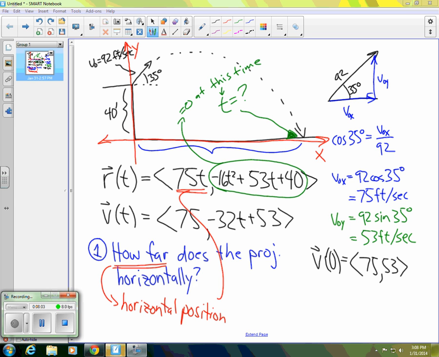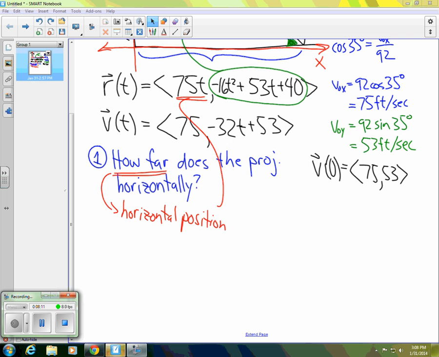Okay, again, the height will be 0 when it hits the ground, and so if we set that equal to 0, we can figure out what time it hits the ground. So we've got the equation, negative 16t squared plus 53t plus 40 equals 0.